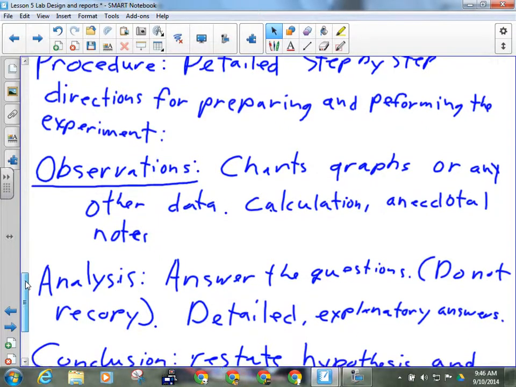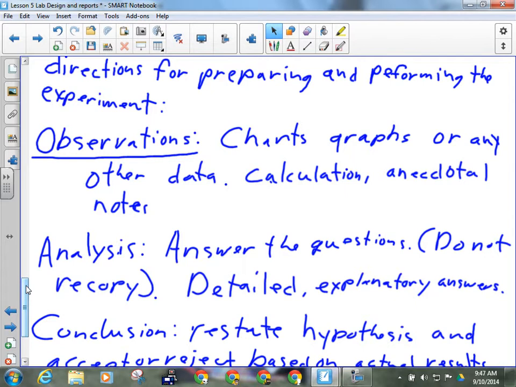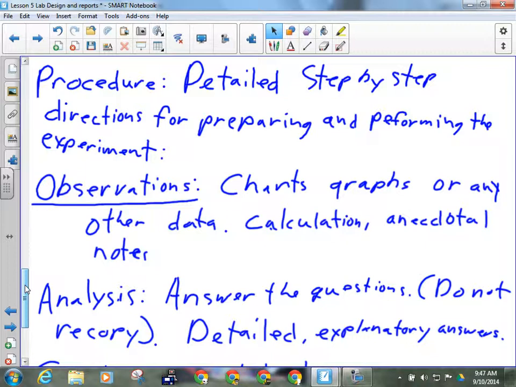So you answer questions with detailed, explanatory answers. And obviously, if you had to do calculations, you would show all of those calculations as well. Sometimes calculations occur in observations, but most of the time they occur in the analysis.